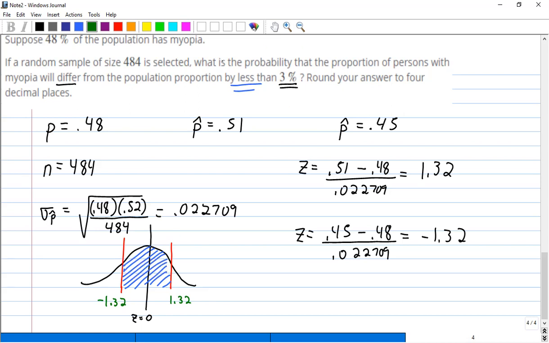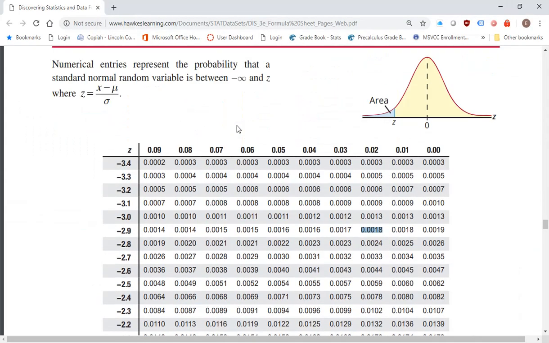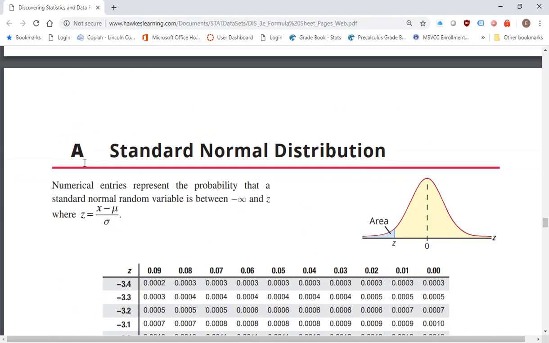Now, if you start using table C instead of table A and B, that's not going to be true. So make sure you're using table A and B. It doesn't matter which one you find first, because you just say the bigger area minus the smaller area. You can't get a negative area. If you do, you messed up. Remember, probability can't be negative either.